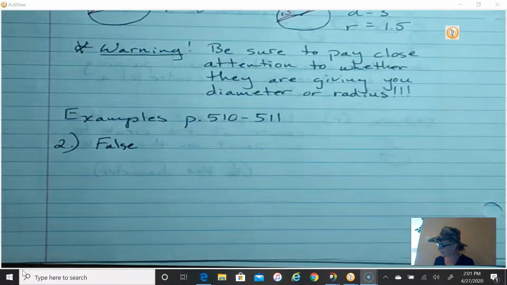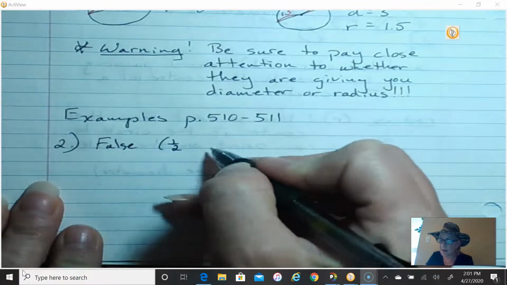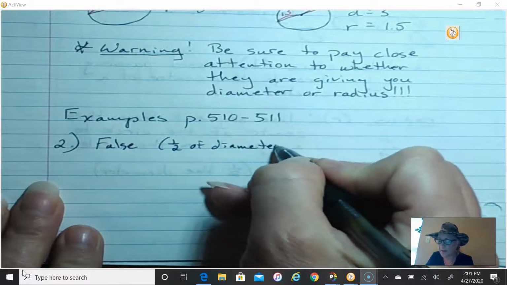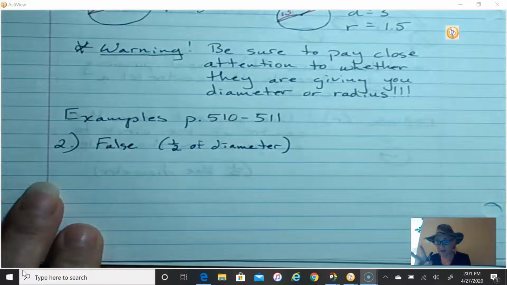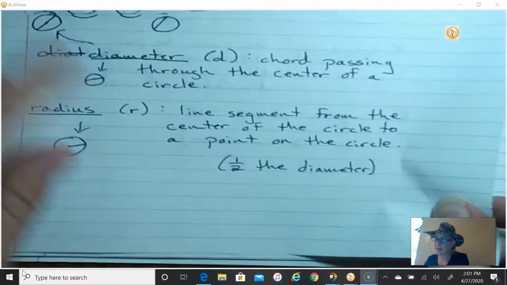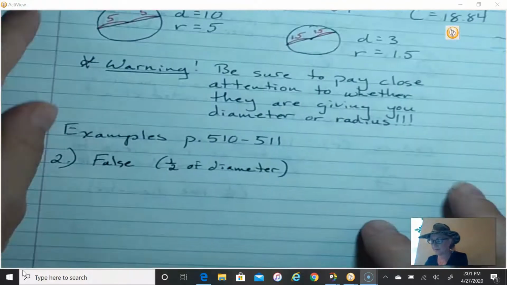That's a weird one. Because the radius is typically half the diameter. You don't have to write this down, but a radius is half of the diameter. 2 radiuses, or radii, make up the diameter, but a radius is half the diameter. That's how I do it.